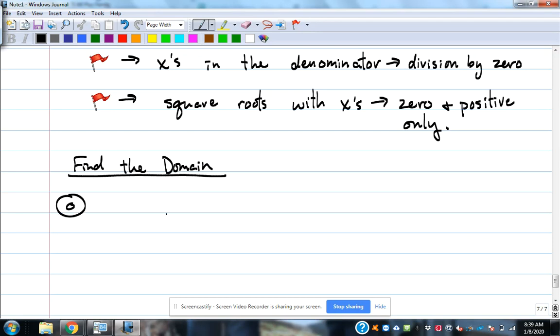Example O. Let's start with something super easy. A good old quadratic, because we're used to those. Done a lot with them over the years. x squared plus 5x minus 7. We look at that function. It's in function notation, so we know it's a function. We look at that and we say, okay, are there any red flags?